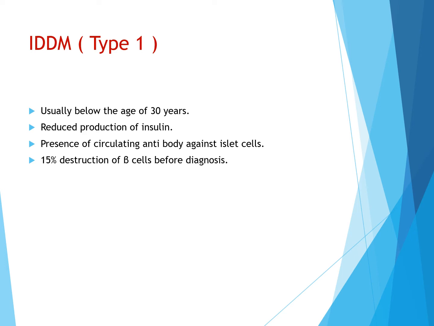Usually, in this type of diabetes, there is reduced production of insulin by the pancreas, or it can be defective production of insulin by the pancreas, or in some cases, there can be absolutely no production of insulin by the pancreas.